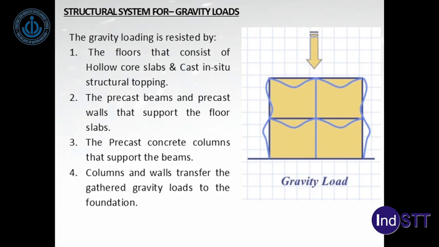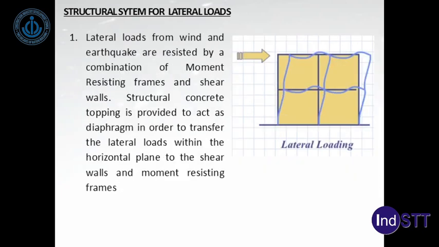The precast concrete columns support the beams, and columns and walls together transfer the gravity loads to the foundation. So together these 4 elements constitute the gravity load resistance. The lateral loads are mainly resisted by the walls and to some extent by the moment resisting frames. The structural concrete topping is provided to act as a diaphragm in order to transfer the lateral loads within the horizontal plane to the shear walls and moment resisting frames.